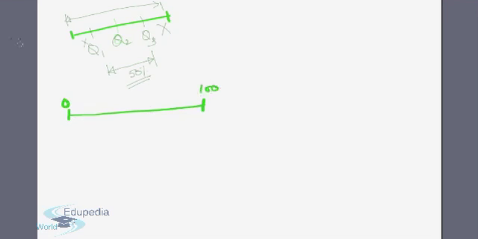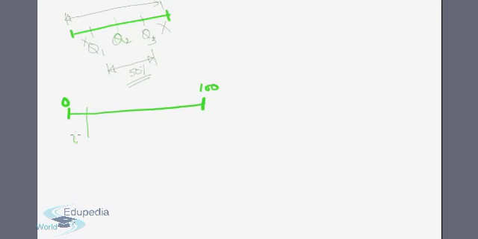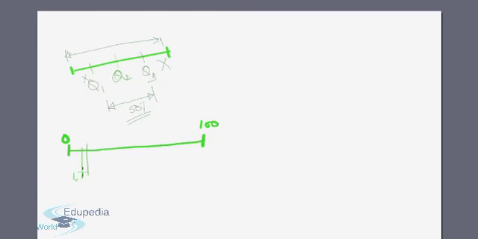Now if I have to use the percentile deviation, what I do is I exclude some percentage from the beginning, let's say i, and i percentage from here. So out of the total I remove i from both the sides and use the remaining 100 minus 2i percentage.